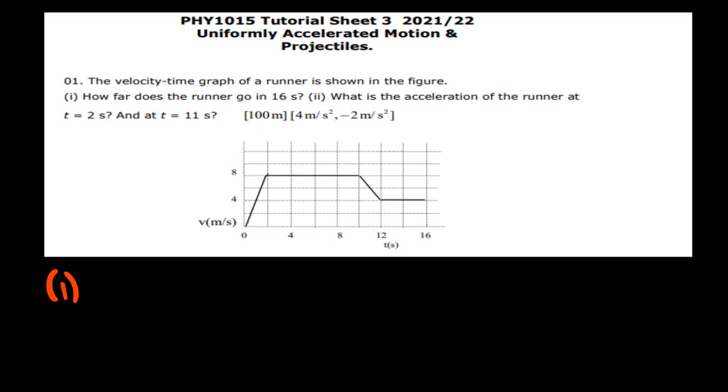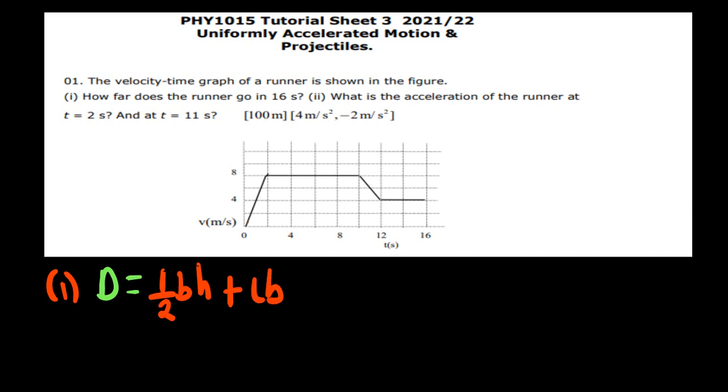So let's just find those. How do you find the area of a triangle? We say it's half base times height. Plus a rectangle, which is the length multiplied by the breadth.